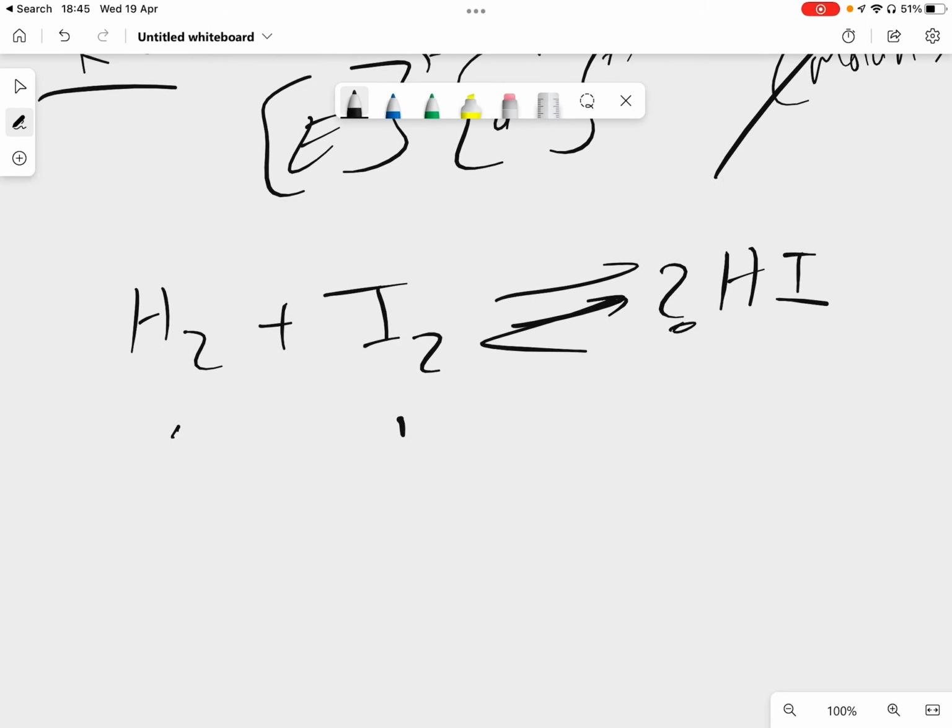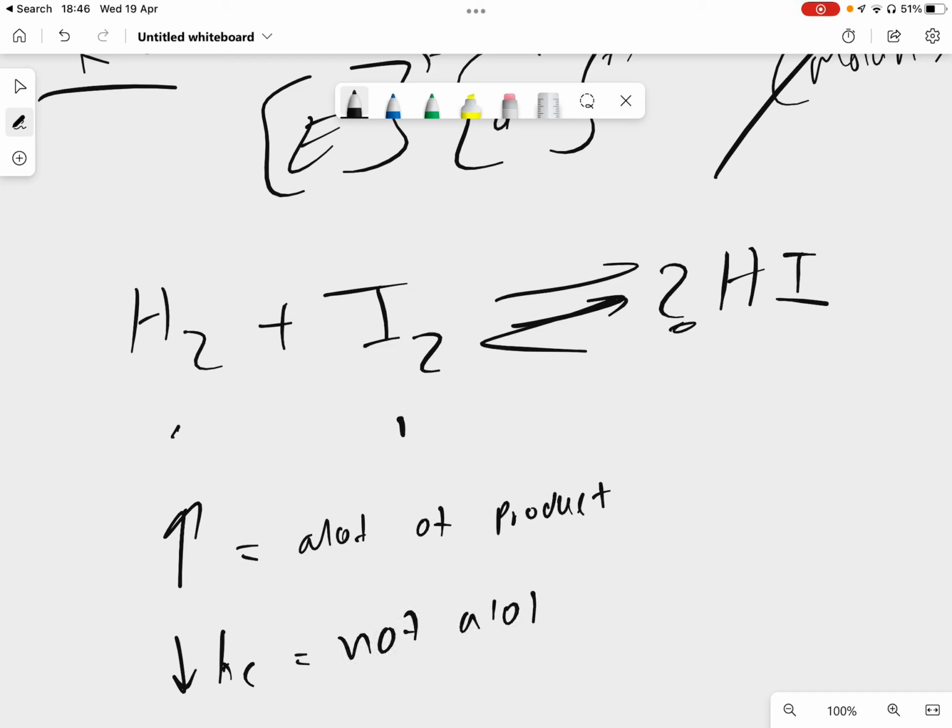So if you're high Kc, you've got a lot of product. High Kc equals a lot of product. A low Kc, this means not a lot of product. Now, if that's something you don't really want to learn, you can kind of visualize it in this way.